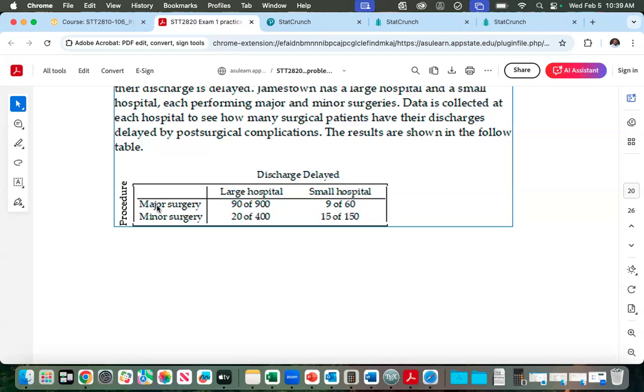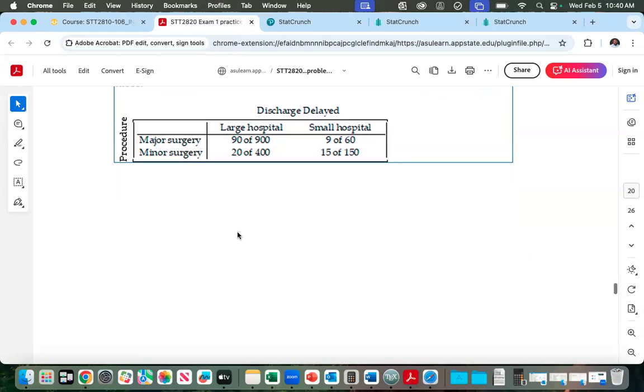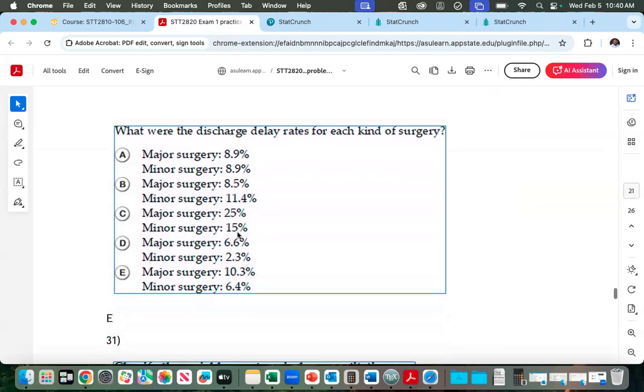So that is 35 divided by 550. But what do you get? 6.4%. And so that is E.